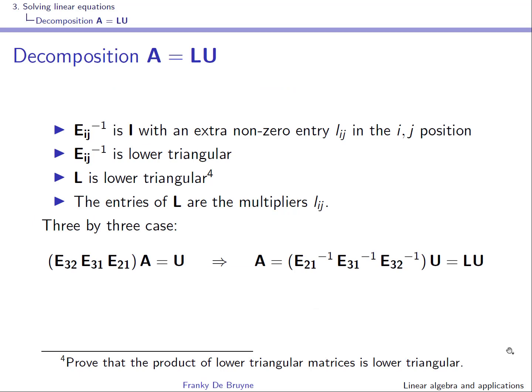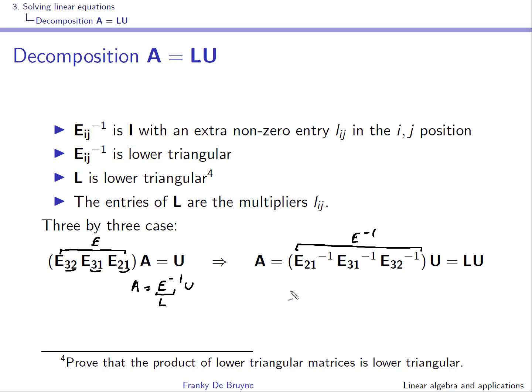Let's have a look at this in a 3x3 case. You have your matrix A, and you want to make it upper triangular by doing elimination. So you want to produce zeros in the entries 2,1, 3,1, and 3,2. And these are the associated elimination matrices, and the global product is E, right? So A is E inverse U. This one we'll call L. E inverse, you will find it over here.